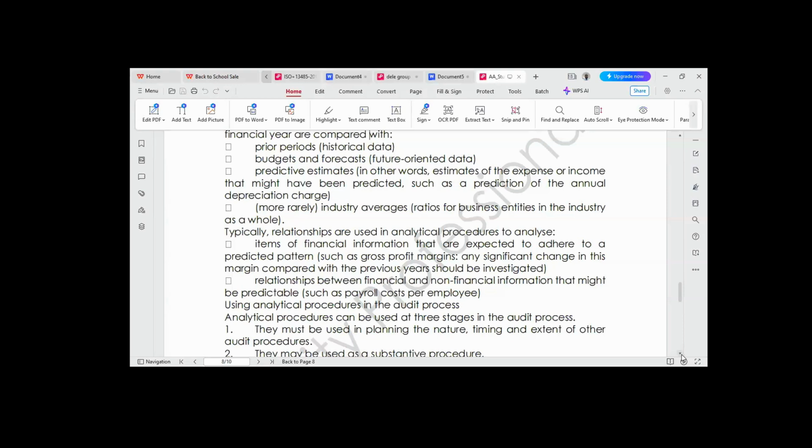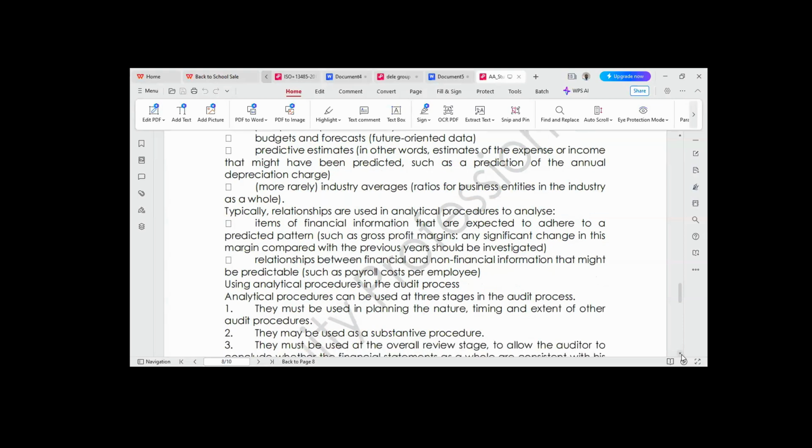So what we are saying here is that they must be used in planning the nature, timing, and extent of audit procedure. That is the analytical review procedure. Also, they must be used as substantive procedure. I said that analytical review procedure is more utilized when we are talking about test of detailed transactions.